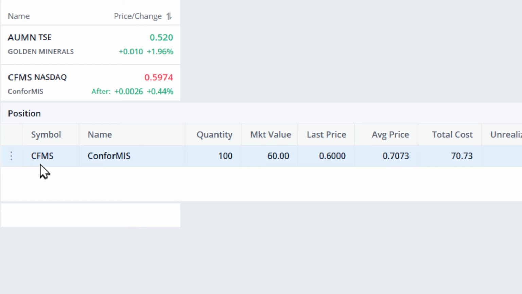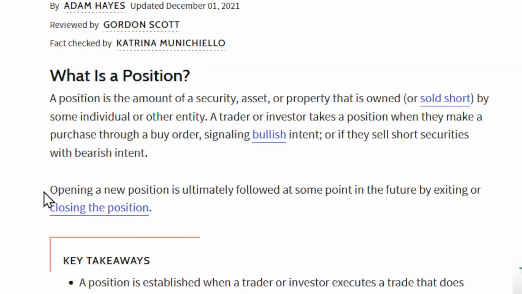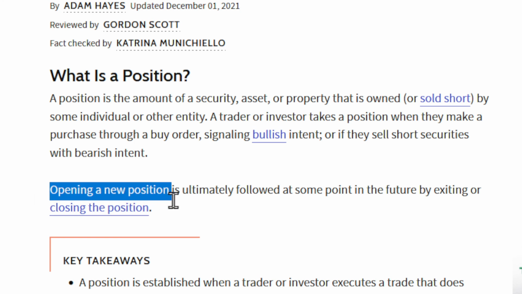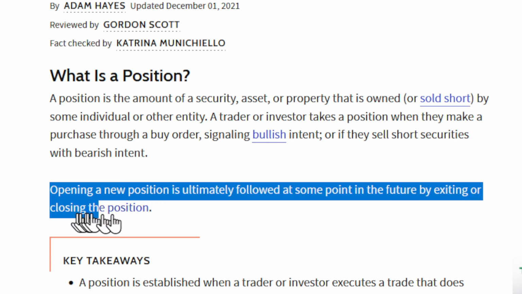When we put in a buy order for the 100 shares of CFMS, we took a position in CFMS. We could also say that when we first bought those 100 shares, we opened a new position. If I was to turn around and sell them at some point in the future, I'm going to be exiting or closing the position. I will no longer have a position, or I would have taken an opposite position. I believe that's also correct. Don't quote me on that.